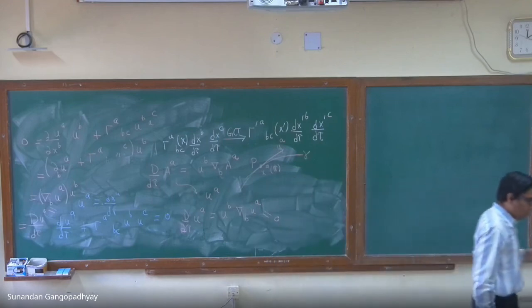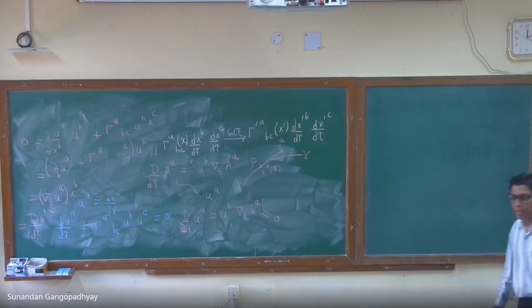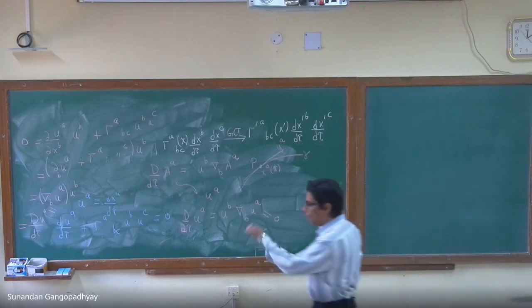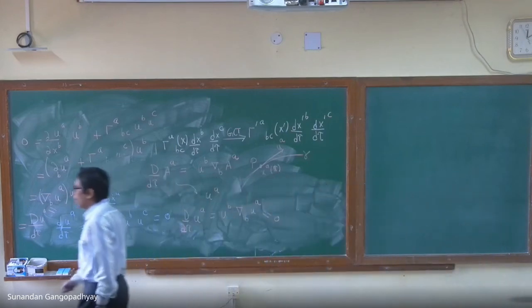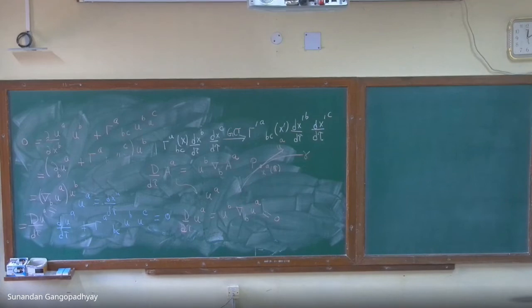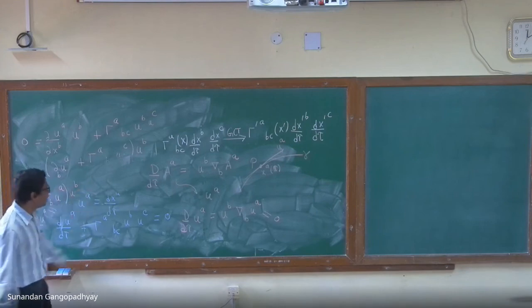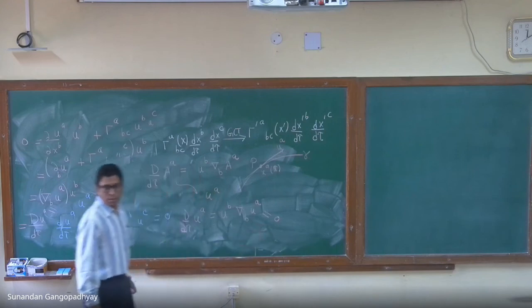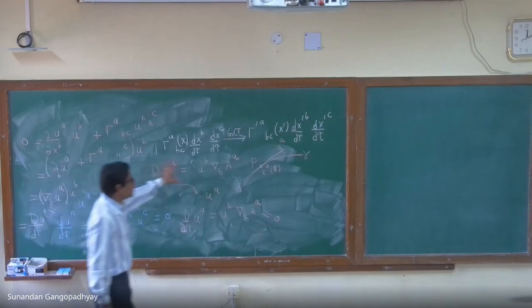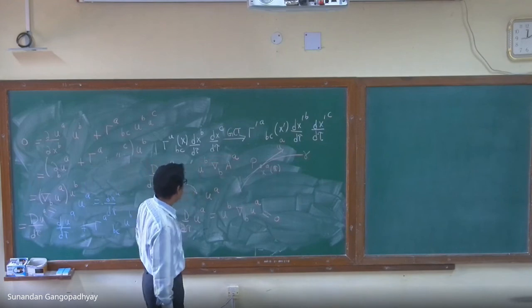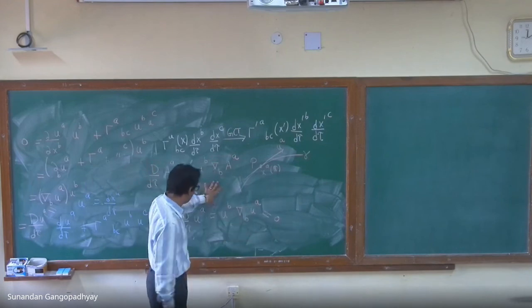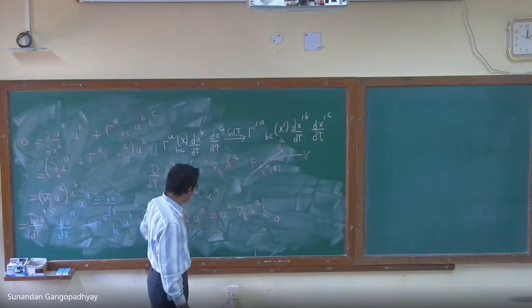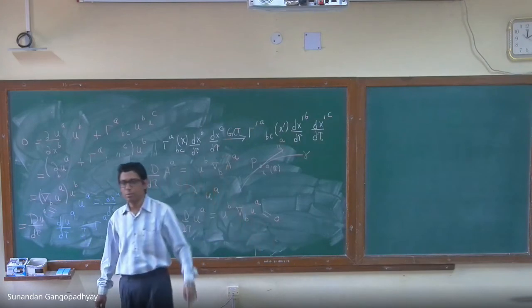Geodesic is one where you have transported the tangent vector parallel to itself along the curve. In this way also you can understand the geodesic equation. That is why I wrote it in a nice covariant form, equal to 0. This is the geodesic equation, and this was the condition for the covariant derivative. I equate it to 0 for the tangent vector, which means you have parallel transported the tangent.